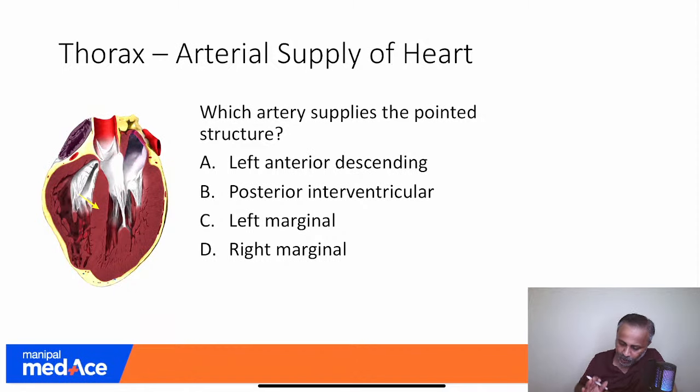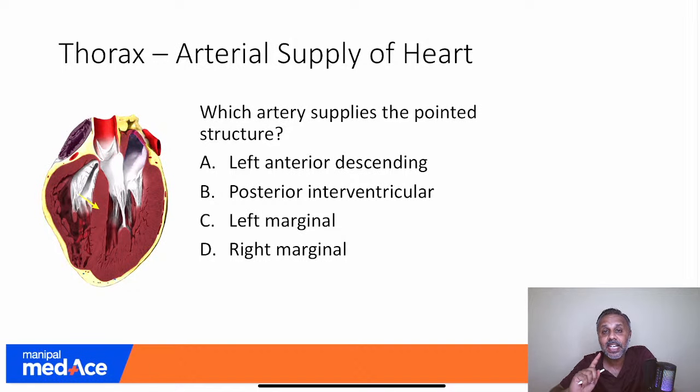Now, the question was which artery supplies the pointed structure. So, the interventricular septum is what we know. Now, try to recall which artery mainly supplies the interventricular septum. It is mainly supplied by two arteries.